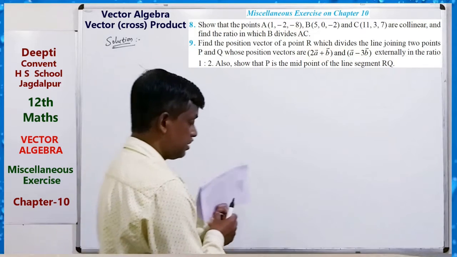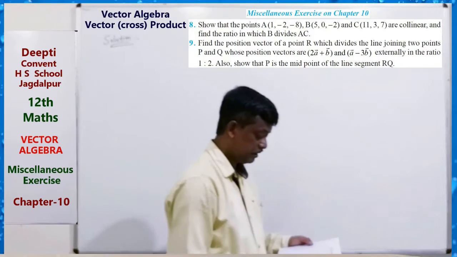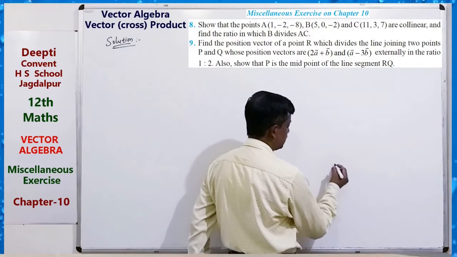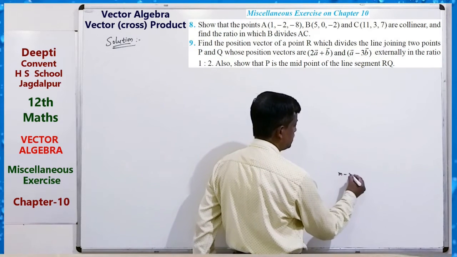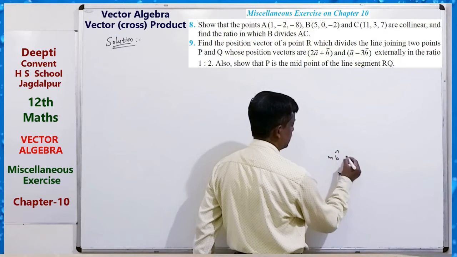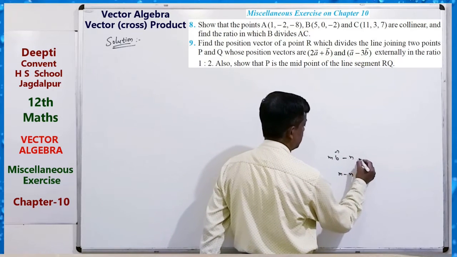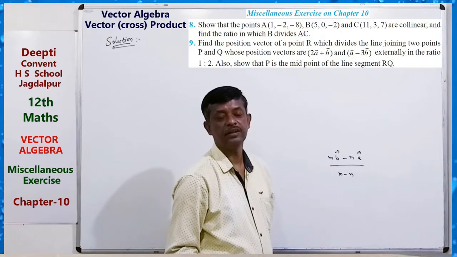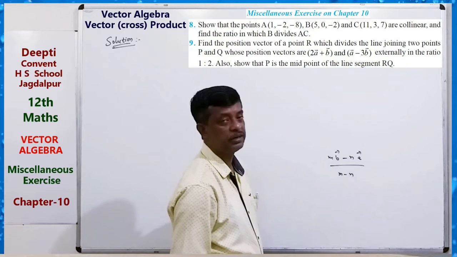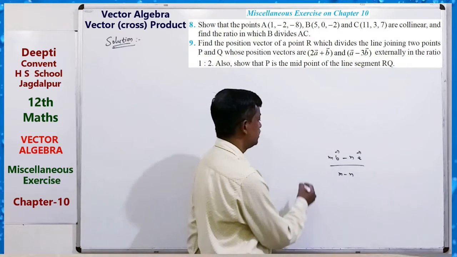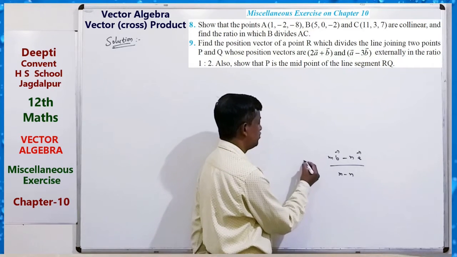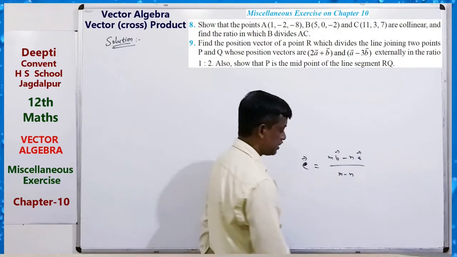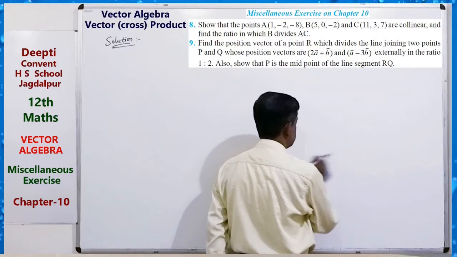Here remember that external division means m times vector B minus n times vector A. External division of vectors OA and OB by vector C, then we can write vector C like this. Externally means the minus sign is there.